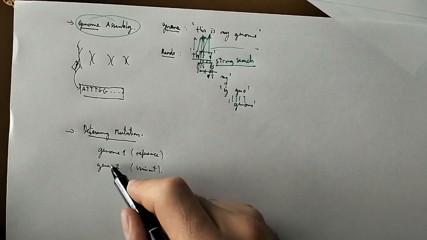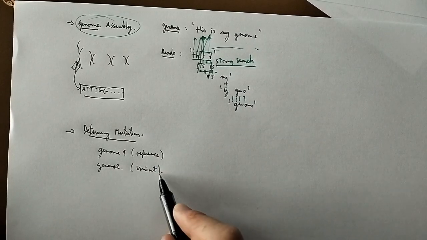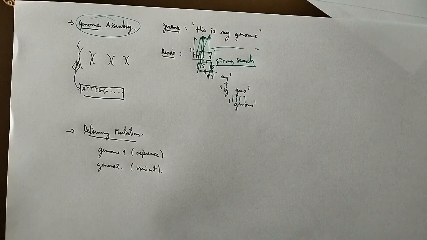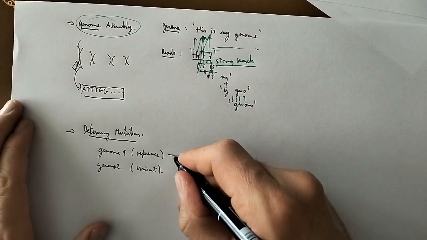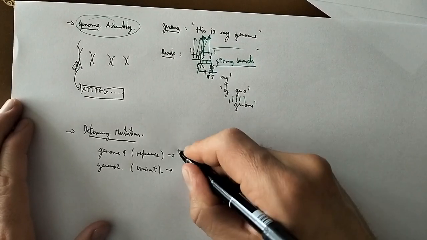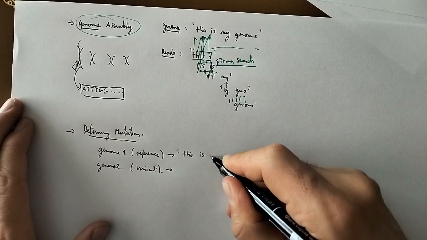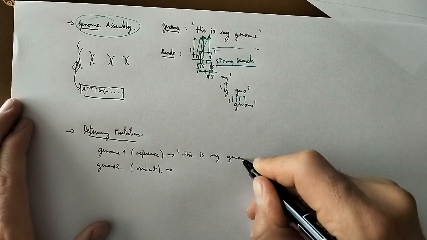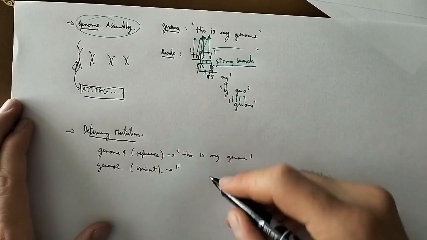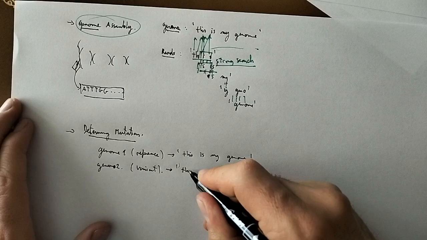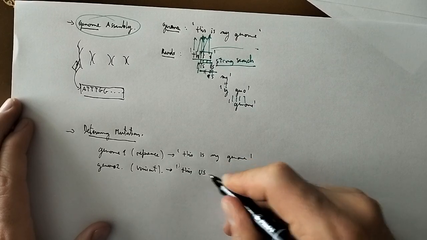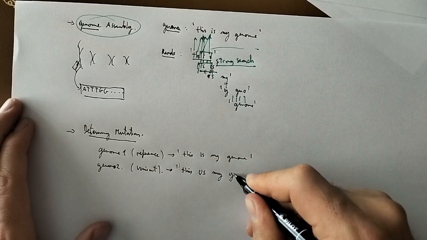Let's imagine that genome 2 is a variant that is responsible for some kind of disease, and we have the corresponding sequence. For example, this is my genome, and the variant is saying this as my genome.